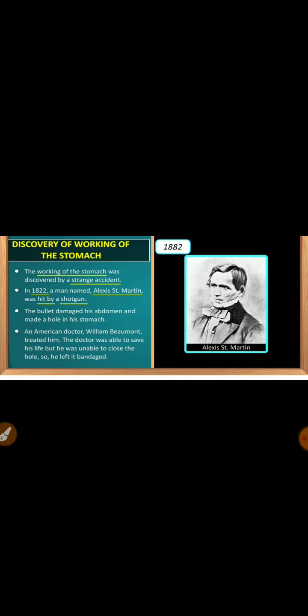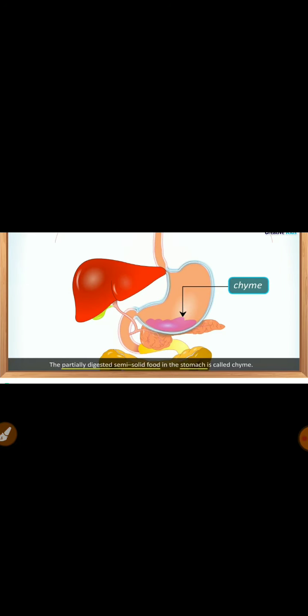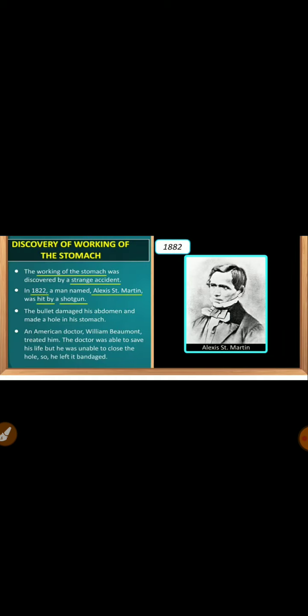Okay. Now where will this go, and how did we get to know about the hydrochloric acid and mucus glands? There is also an interesting story about this related to Sir Martin.